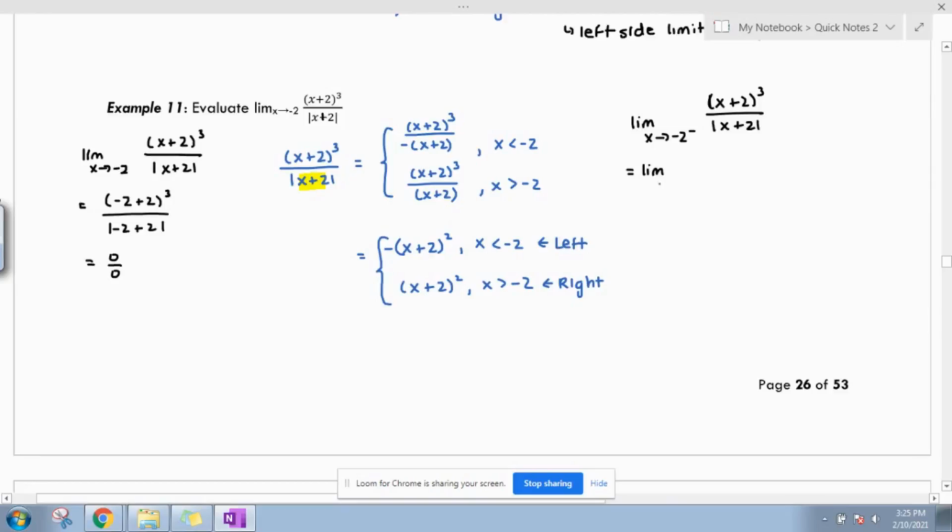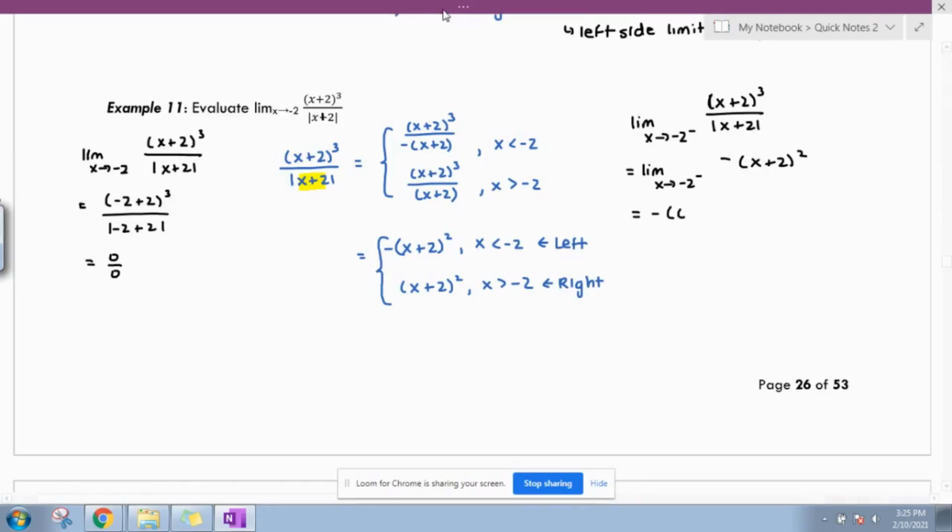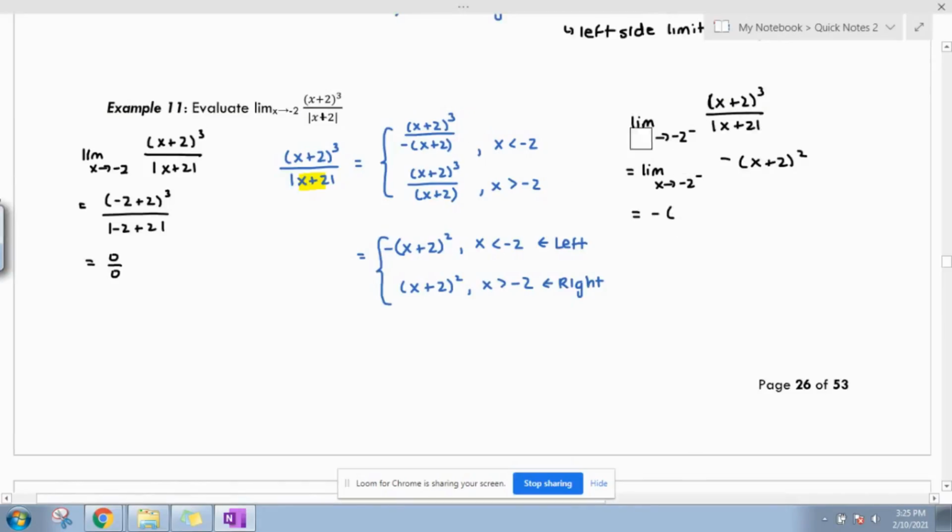We're going to do negative x plus 2 all squared. I notice here that if I were to plug in -2 into this particular function, it's not going to cause a problem. So I'm going to do direct substitution now. So I'm going to do negative and then -2 plus 2 all squared, and that actually gives me 0. So my left-hand side limit for my function is 0.